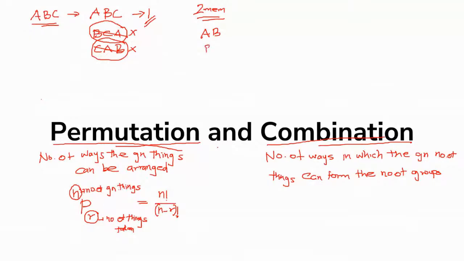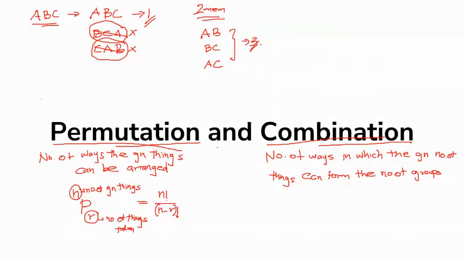Next, BC is another group, because when one new person comes or another person exits, it forms a new, different group. And I can write AC also. So three different groups can be formed with two members.